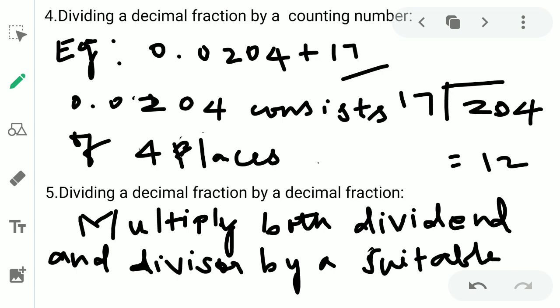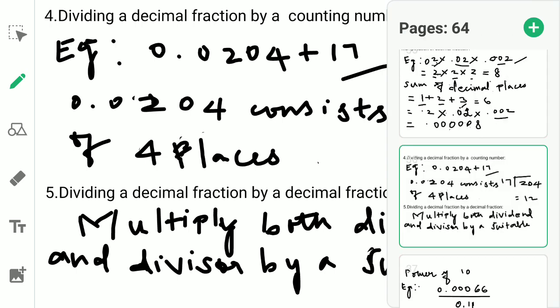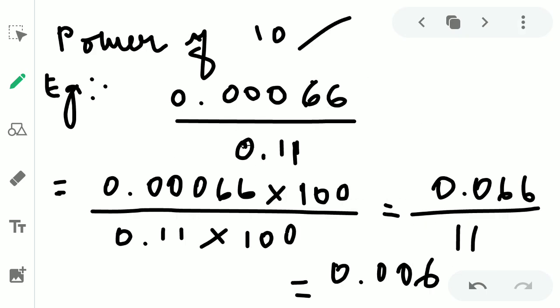Next one, dividing a decimal fraction by a decimal fraction. Multiply both dividend and divisor by a suitable power of 10. I'll give you an example. 0.0066 divided by 0.11.